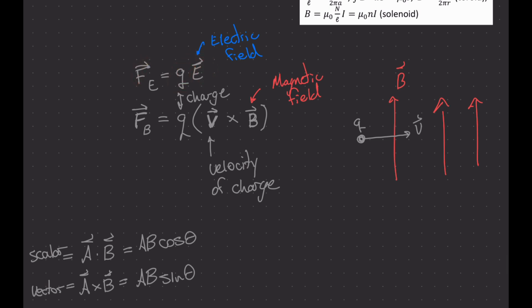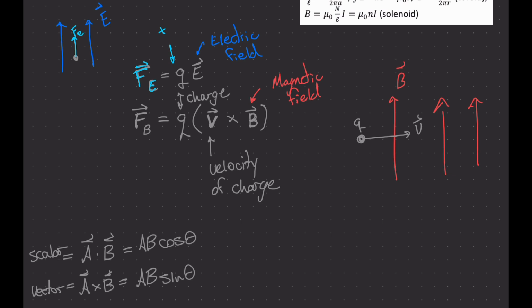So when you had problems with the electric field, let's say this was the electric field, and we had a charge inside the electric field. It was just chilling there. There's no velocity. This particle will feel a force which is in the same direction as the electric field, if this charge over here is positive.